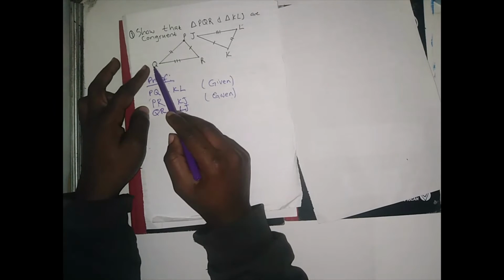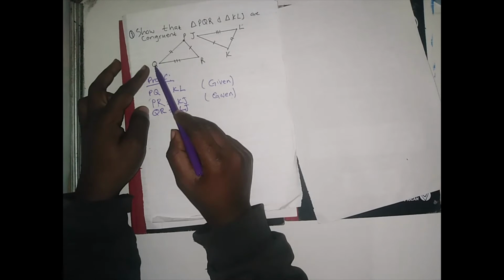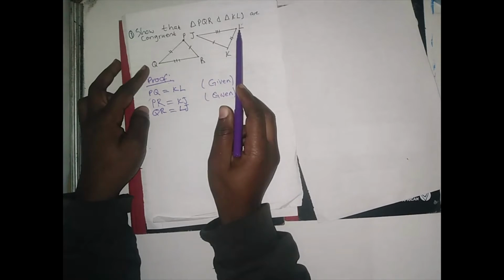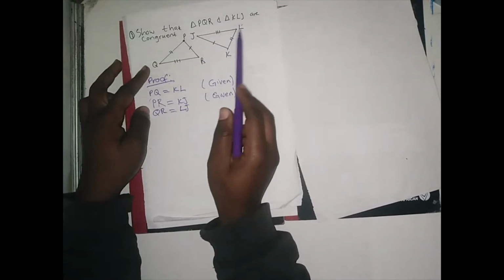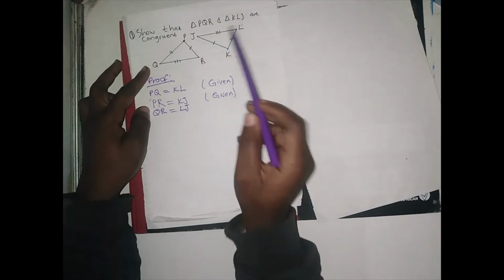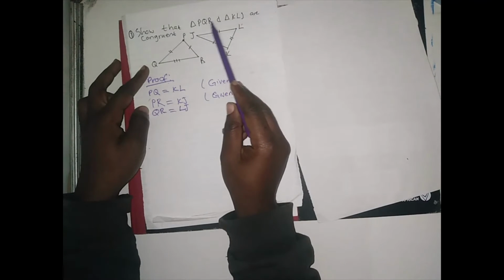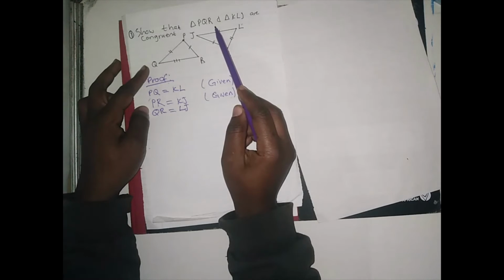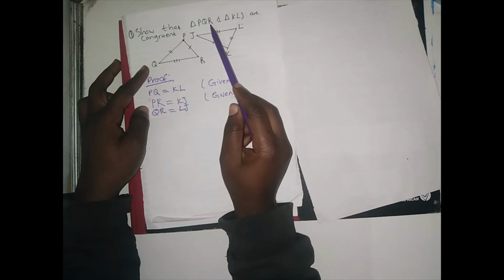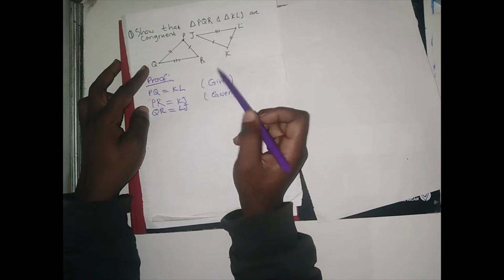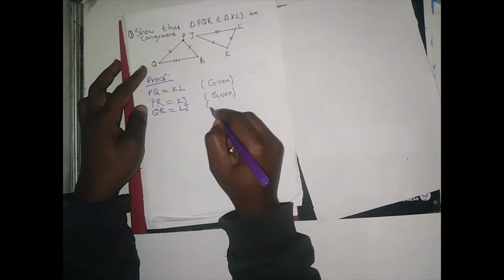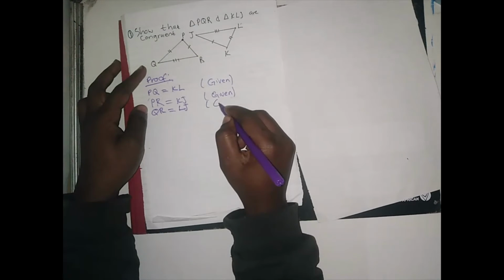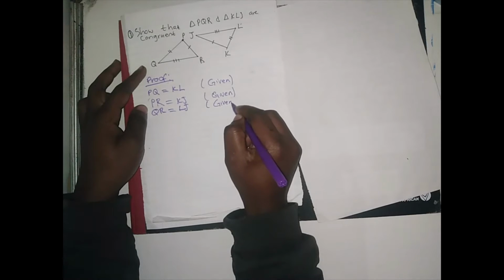Somebody can say to me, Mr. Makaba, why didn't you say QR is equal to JL? I'm saying LJ because, can you see, here is QR and here there is LJ, because that is how it is aligned in the descriptions of the triangles that I was given. So QR is equal to LJ, and the reason is it's given.